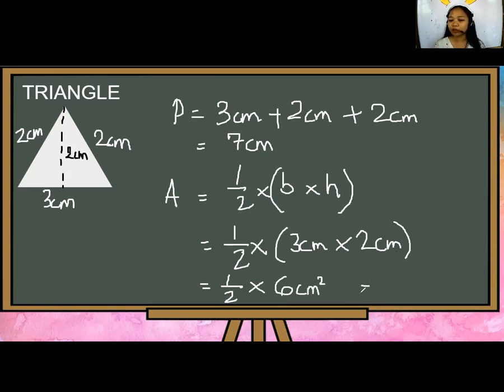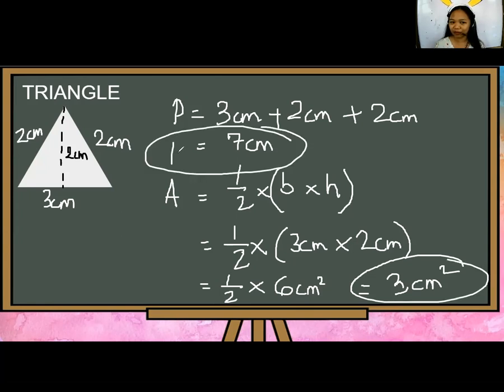Now, if you can notice, we will multiply 1/2 by 6 centimeters squared. That is the same as dividing 6 by 2. So 6 divided by 2, that is equals to 3 centimeter squared. And that's it. That is our area. Great job, everyone. Let's give ourselves a big round of applause.